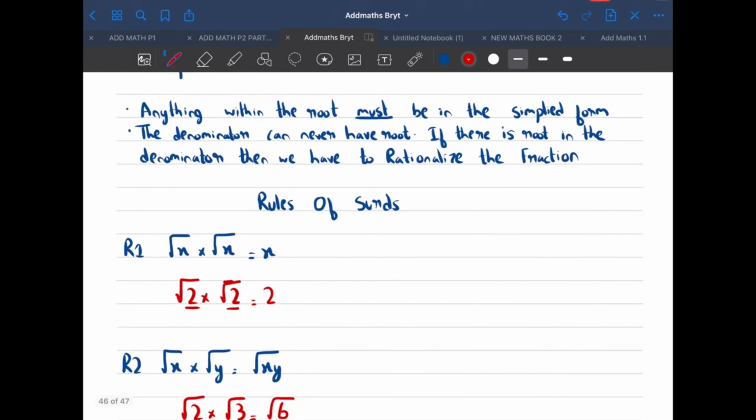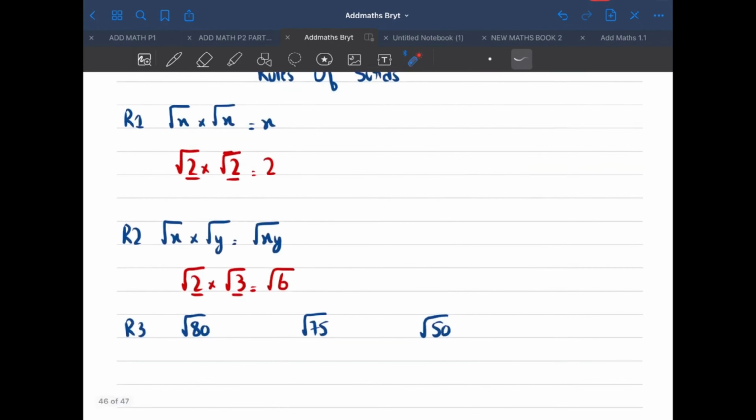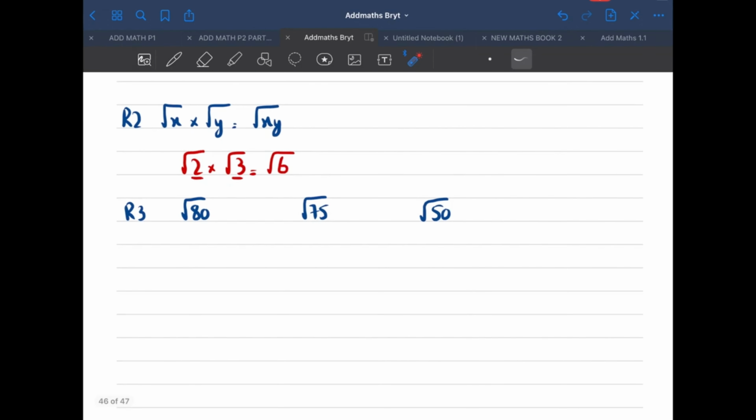Now, the first point we read was anything within the root must be in the simplified form. Rule 3 is based on that. Let's suppose you got under root 80 and you need to write it in the simplified form. You're going to solve it like this. 2 how many times is 80? 40. 2 twenties, then 2 tens, and then 2 fives and then 5 ones.